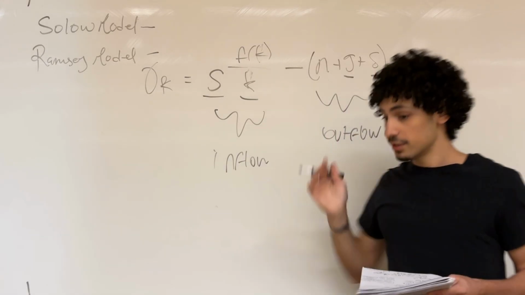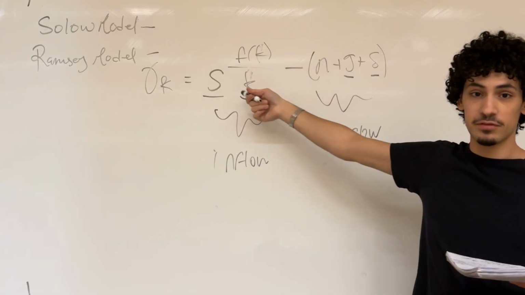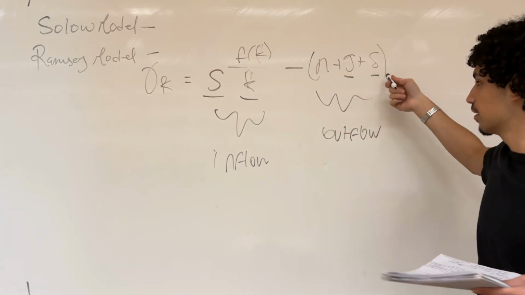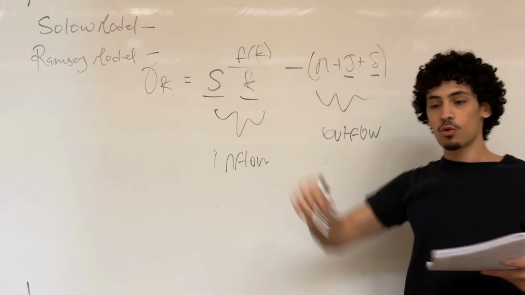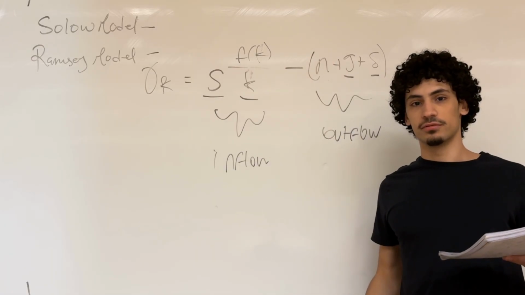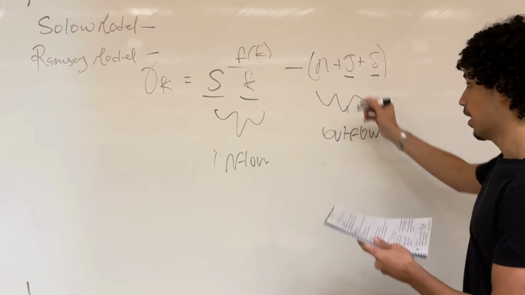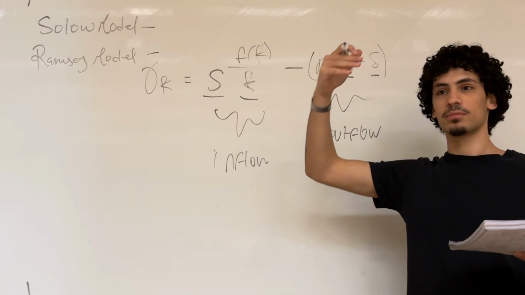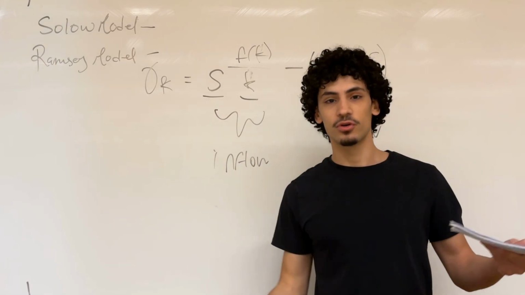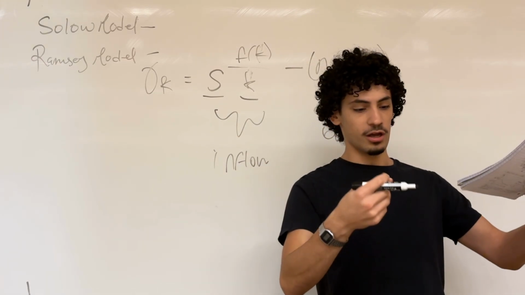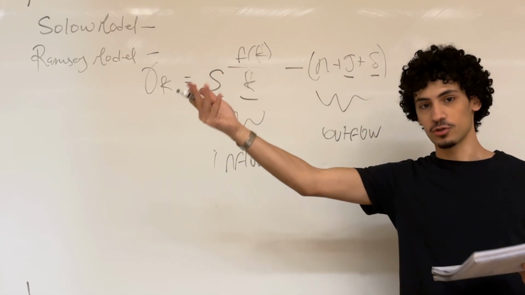The reason this is outflow is that as more people enter the labor force, you need to hire them. They need wages, and they need more technology and more machines to work with. So as N grows, your outflow also grows.